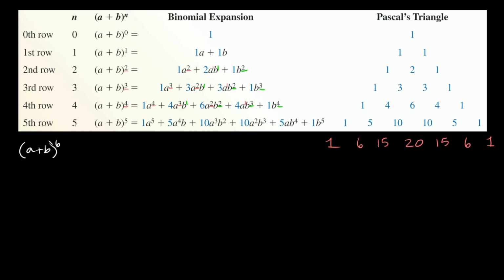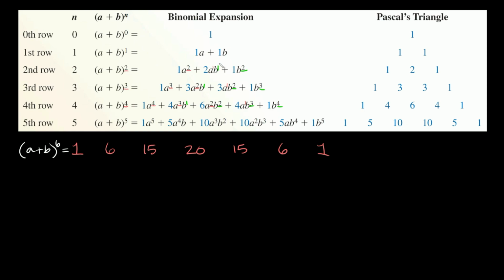So if we wanted to expand our binomial, we'd first list out our coefficients: 1, 6, 15, 20, 15, 6, and 1.